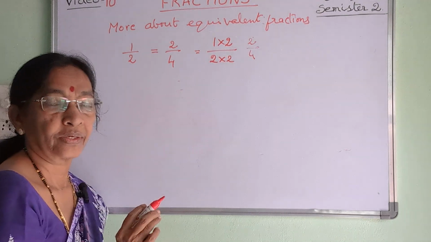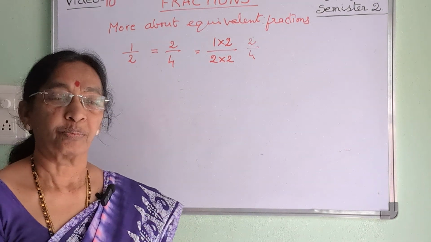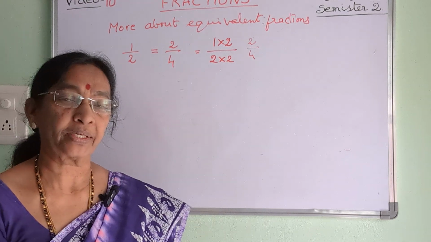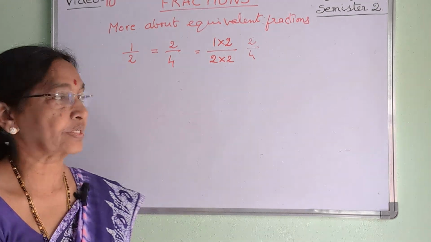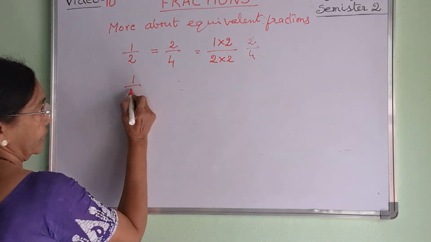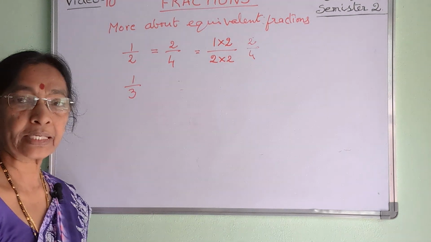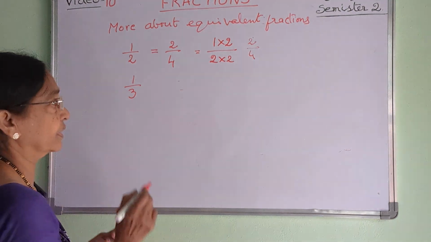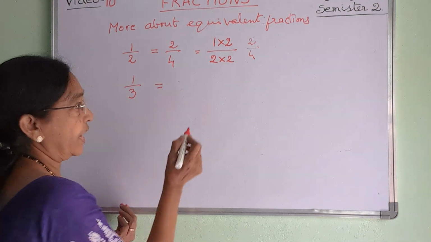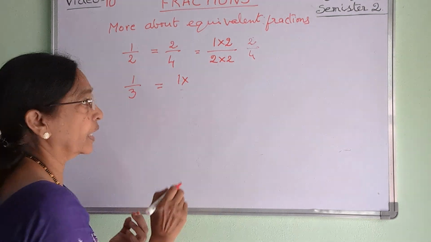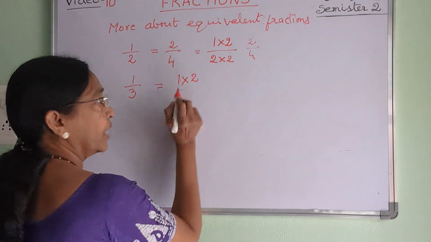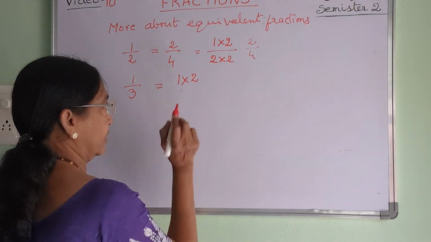So if we multiply both the denominator and the numerator of a fraction by the same number, we get an equivalent fraction. For example, consider 1 by 3. Write an equivalent fraction of 1 by 3. To get an equivalent fraction, we have to multiply both the numerator and the denominator by the same number, either 2, 3 or any number.